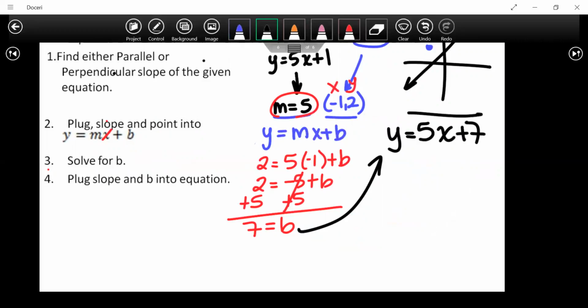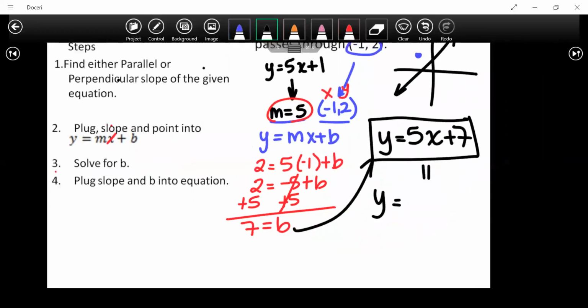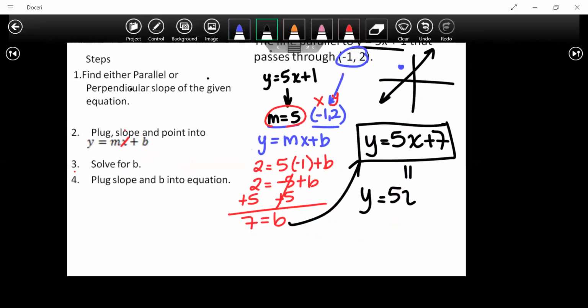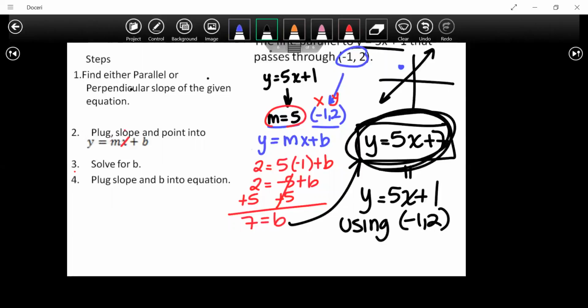So this is parallel to this. Okay, this is our main answer. But I'm going to talk about more of that tomorrow when we do this. So that's it.